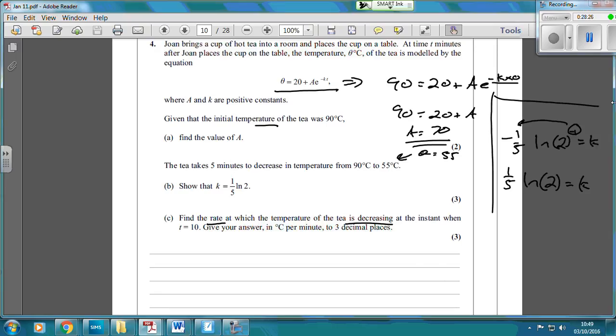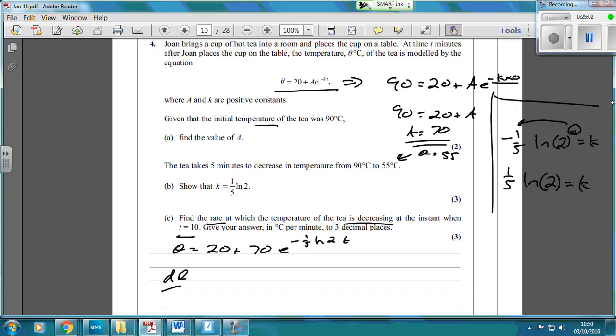So if we've got theta equals 20 plus 70 e to the minus 1/5 log 2t, we've got to differentiate that and then substitute in t equals 10.